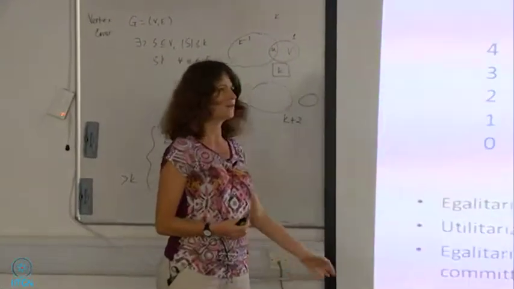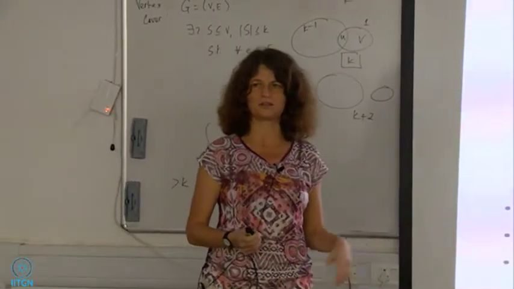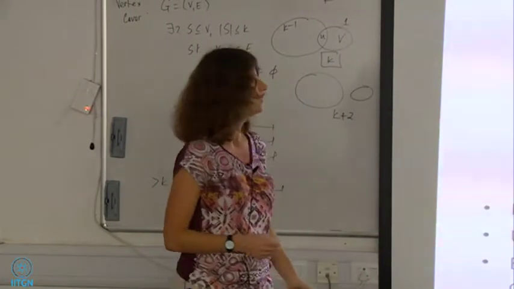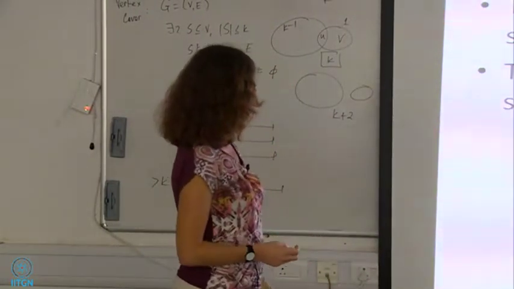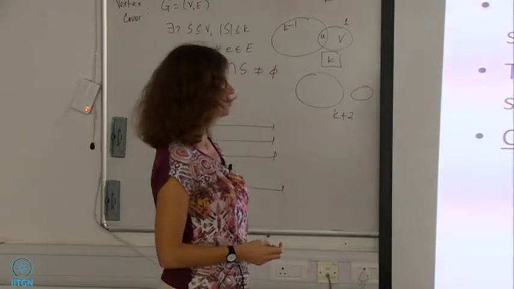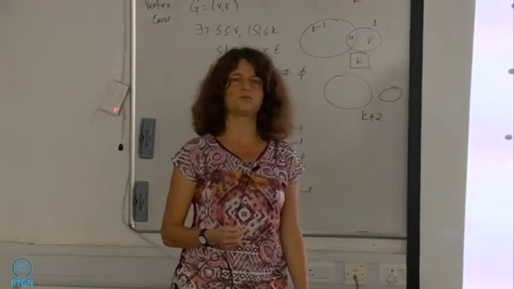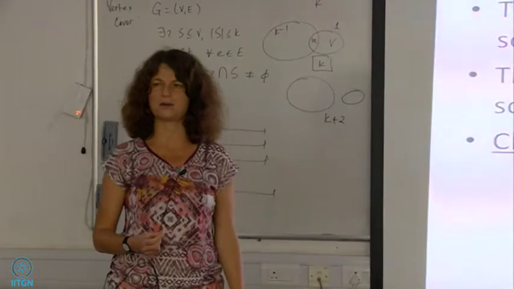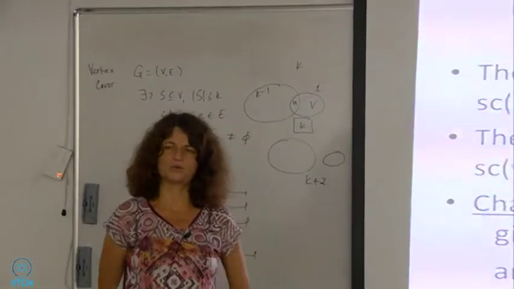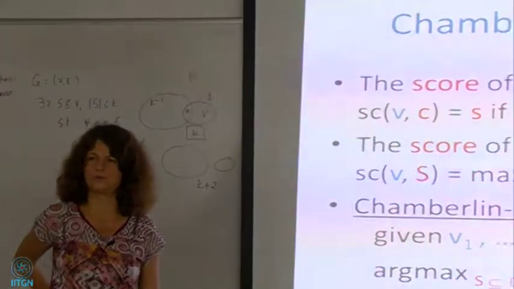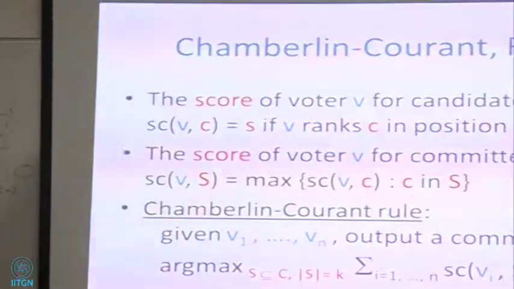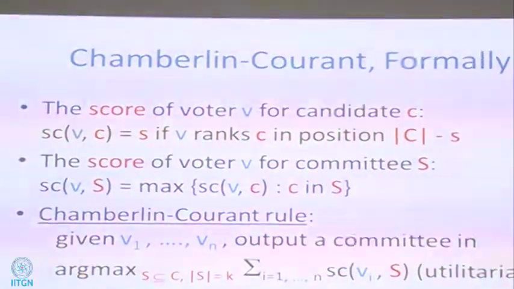Borda is natural in the single-winner setting, and it's natural in this setting. So now we have a formal definition. The Chamberlin-Courant rule is wonderful for a variety of reasons, but it's NP-hard to compute. It's easy to see that it's hard to compute if you look at the approval-based version, because then it becomes maximum coverage.